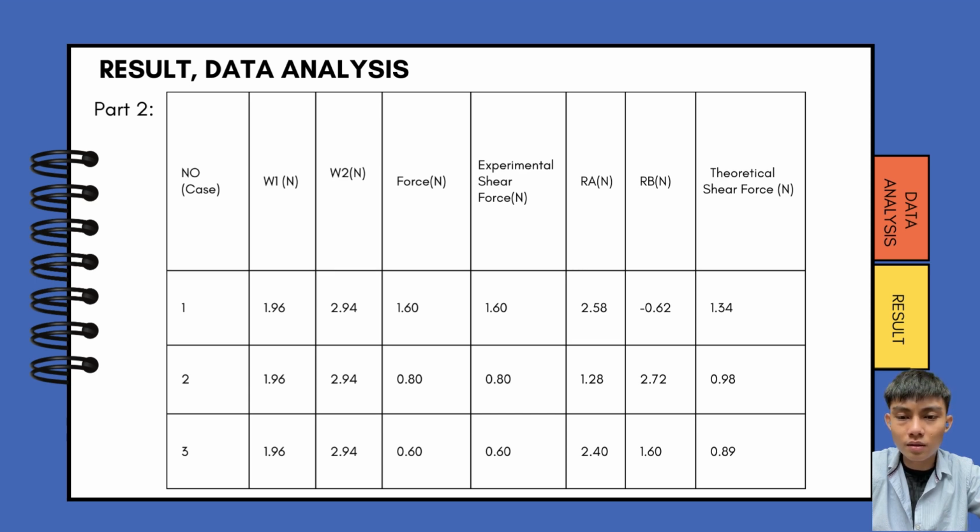The lowest shear force is case 3. The result we get from the experiment is 0.6 newtons shear force, and the theoretical shear force is 0.89 newtons. That's all for the result and the data analysis. All the values we have recorded in the table as the reference.